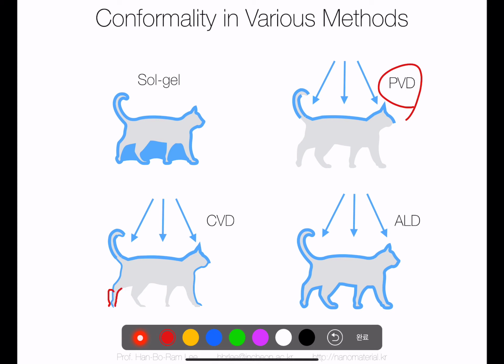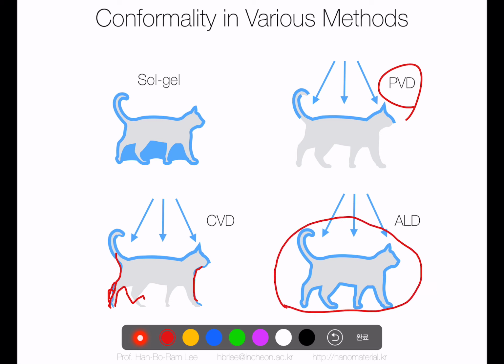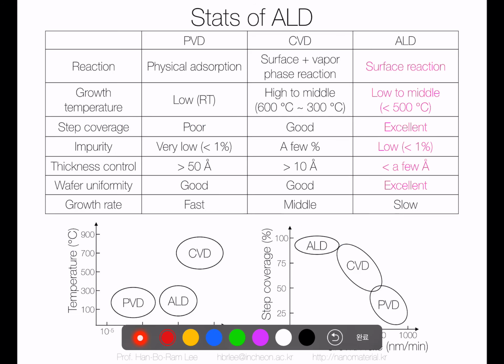So we cannot make a very conformal film, but we can coat some film which is not directly exposed to the source. Still, it is not complete. If you use ALD, we can make a really perfect conformally coated film. In solution methods, like the sol-gel method, you can make it, but you can see a gap fill effect in the structured area.